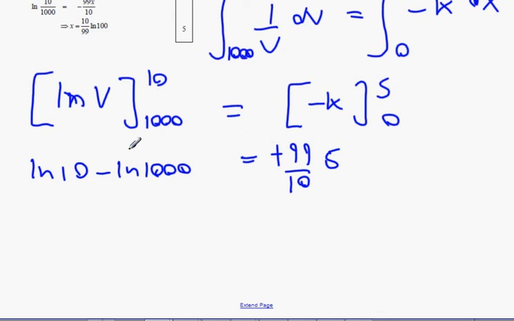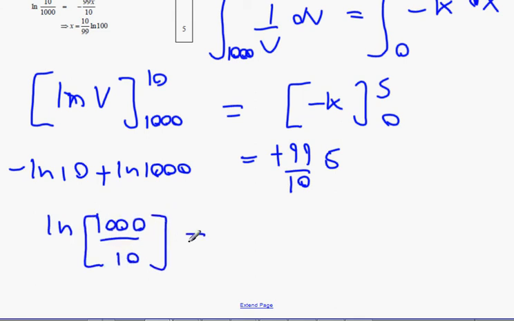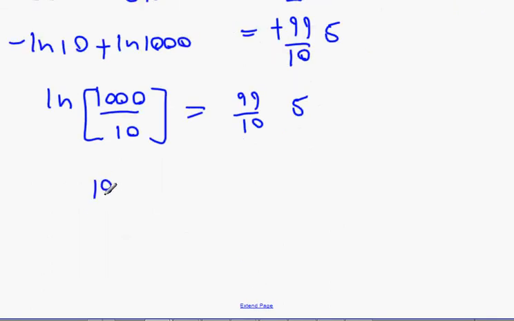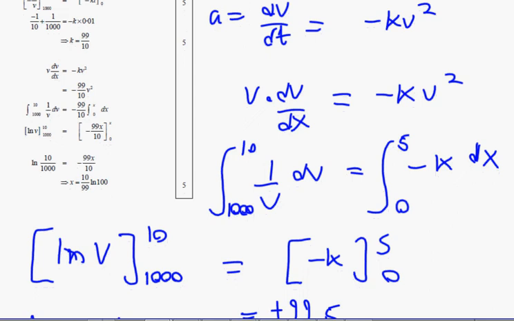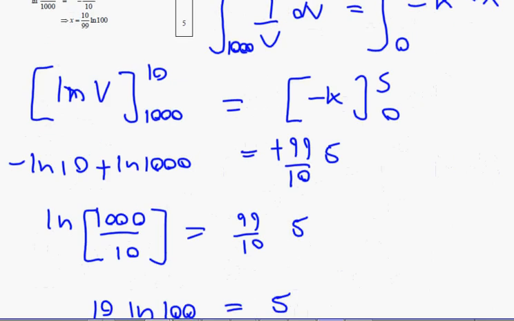Multiply both sides by minus 1, and then we get ln of 1000 divided by 10, because that's the subtracting log rule. That equals 99 over 10 s. Then divide by 99 over 10, and we get 10 over 99. And then ln of 1000 over 10 is ln 100 equals s. So that's our distance there. It doesn't necessarily need to be in decimals. Alright guys.